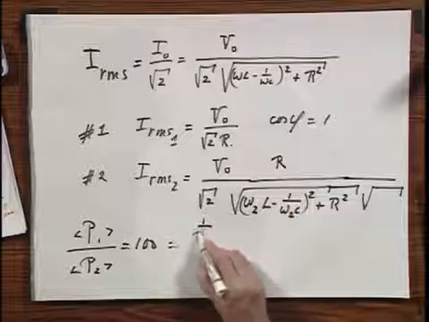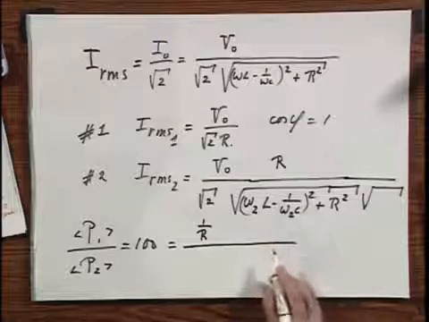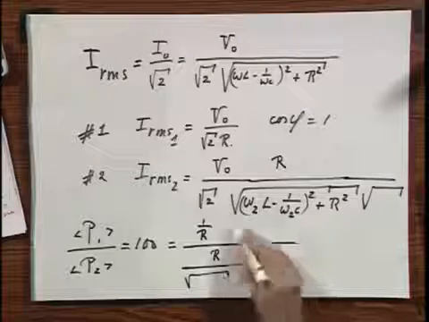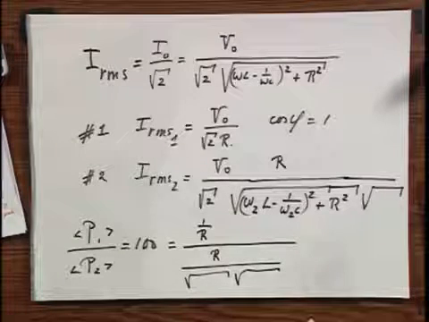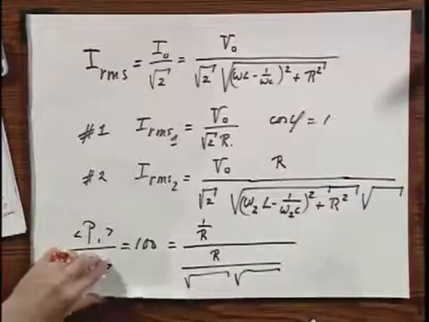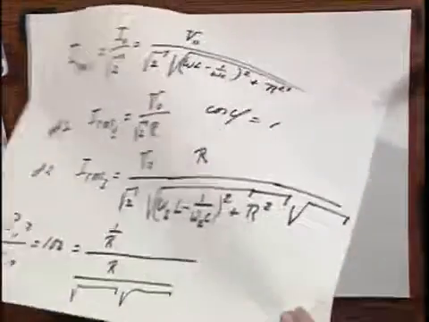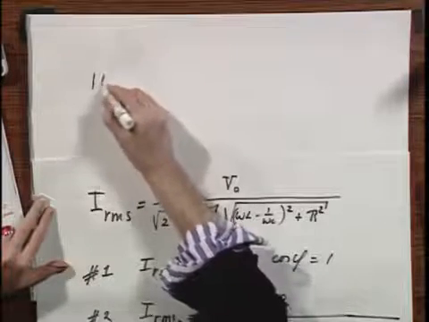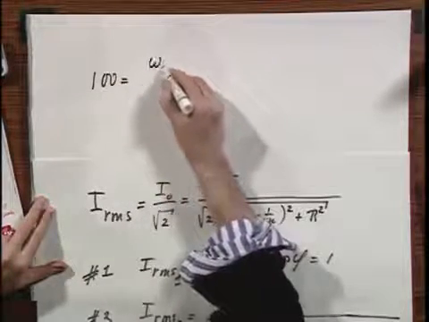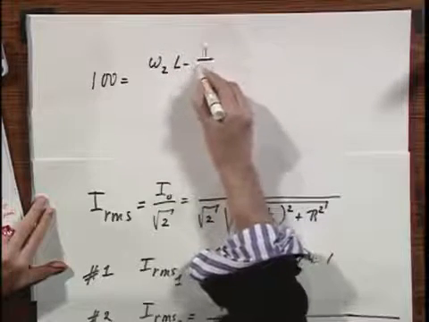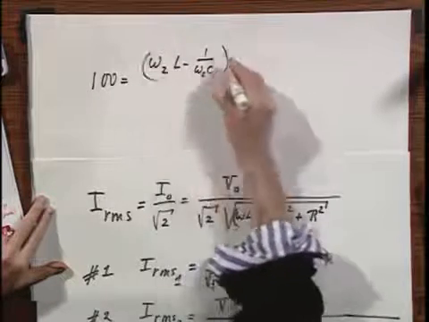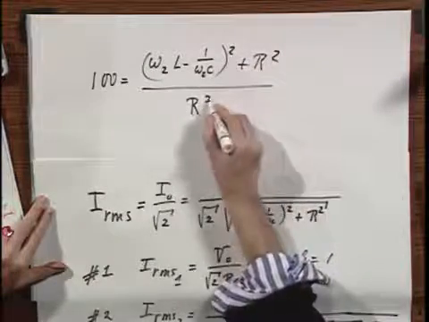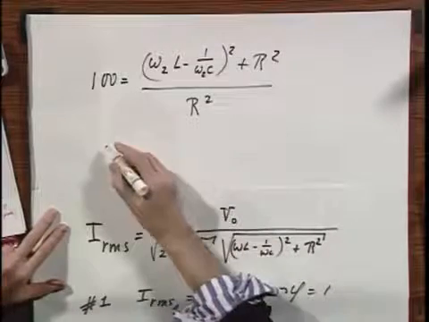I get upstairs 1 over R, and I get downstairs R over the square root of this, again times the square root of this. Maybe I'm going a little bit too far. I could have left you now solving this equation, but we have plenty of time, so why not? Omega 2 L minus 1 over omega 2 C squared plus R squared, divided by R squared. That is now the requirement for that power ratio to be 100.